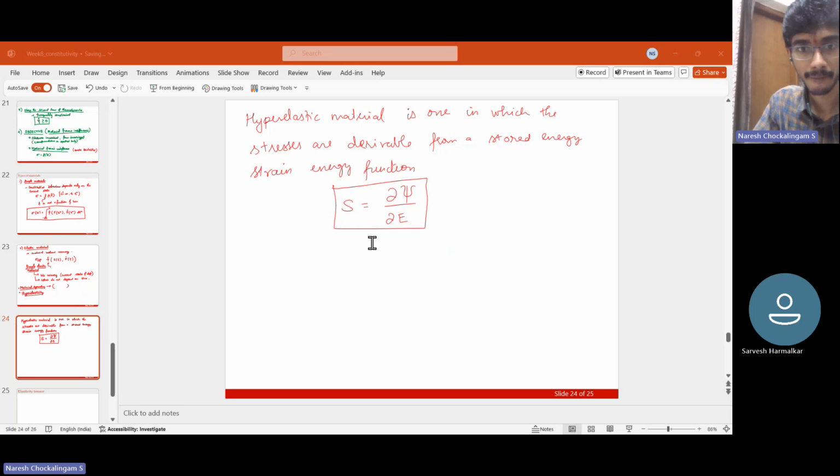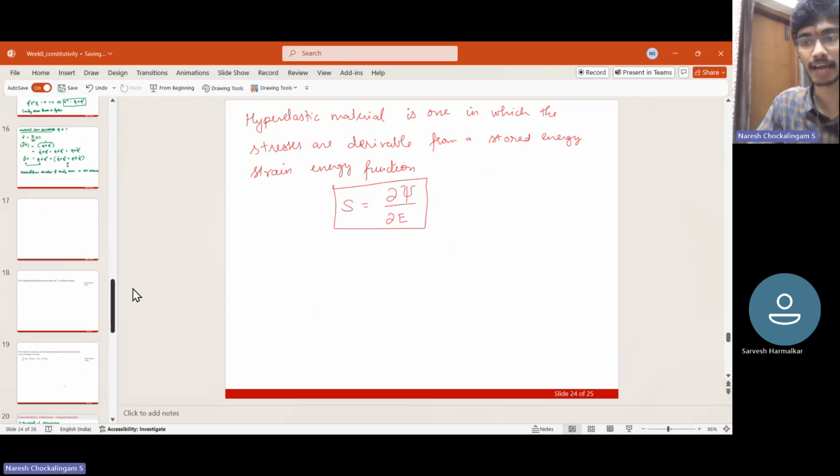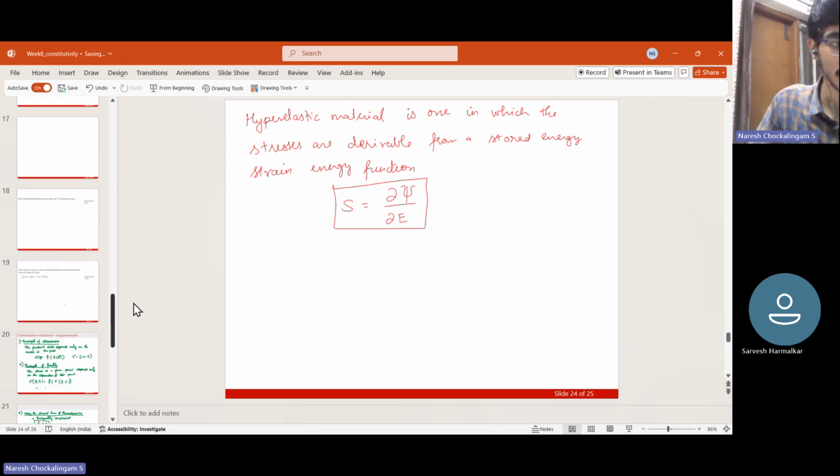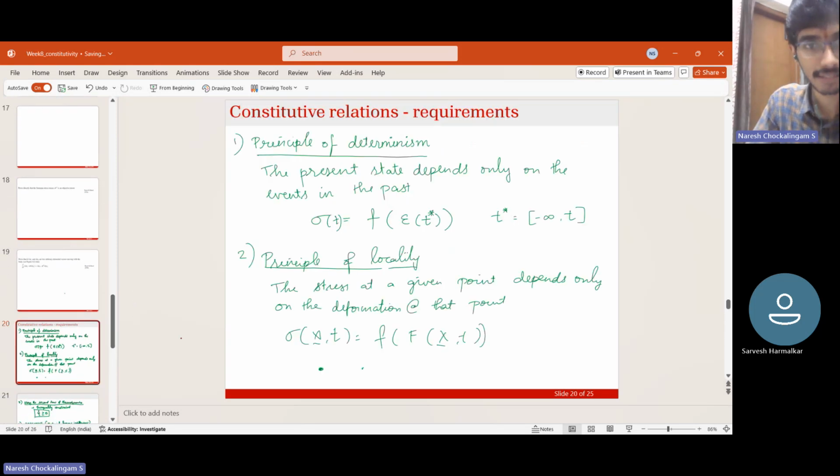Okay, so these are some ideas relating. What is to be remembered is that constitutive relations have to obey certain requirements. One is determinism, which is universal. It cannot have things that depend on the future.